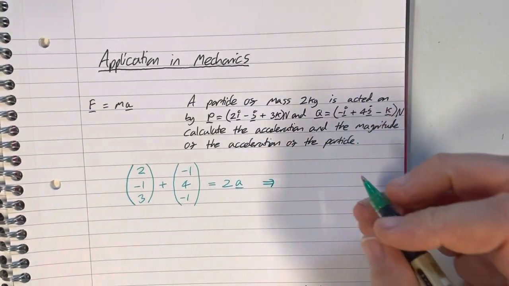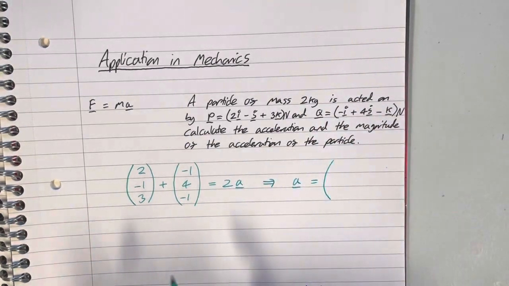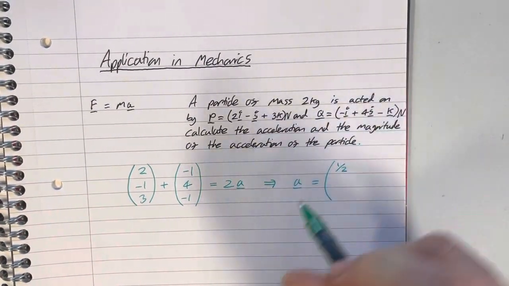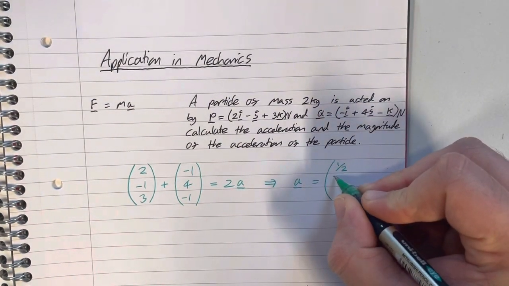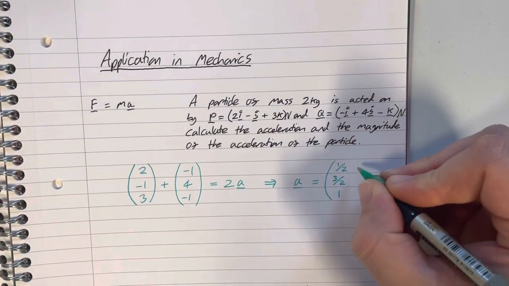If we sum those two vectors and then divide by 2, we'll get that the acceleration is: 2 minus 1 divided by 2 is a half. Minus 1 plus 4 divided by 2 is 3 halves. And 3 minus 1 divided by 2 is 1.